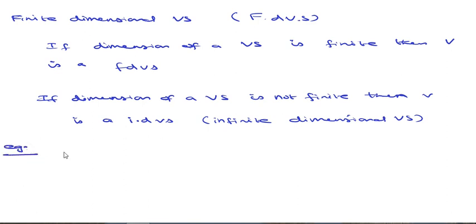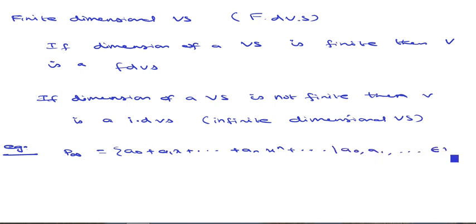Example. Let us take the set of polynomials P infinity. That means P infinity will consist of all polynomials of all degrees: a0 plus a1x plus etcetera plus an x power n plus etcetera, where a0, a1, etcetera are real numbers.